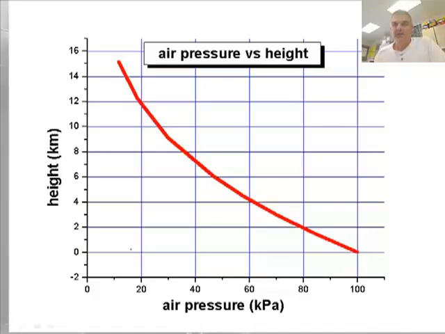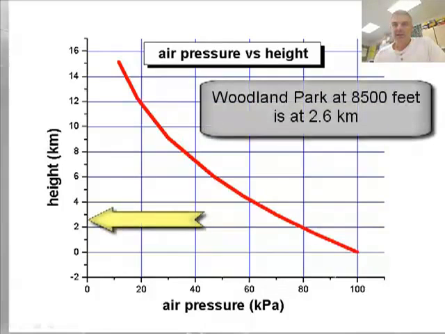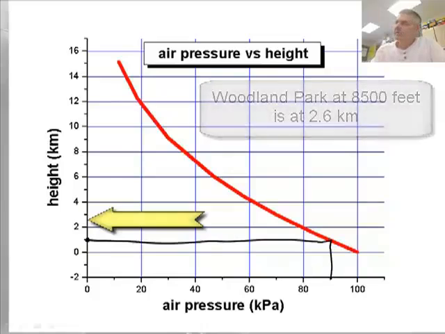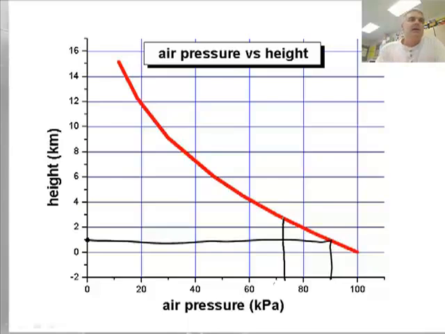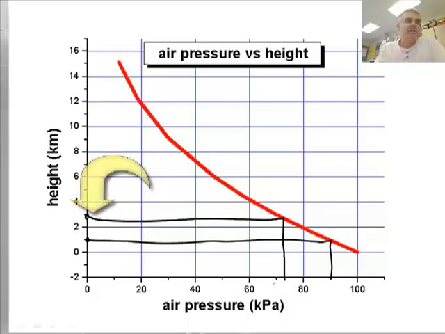Actually, we could probably figure it out. 0.75, it'd be 750. This is where we live right here. So we're about 1 kilometer up. That doesn't make sense. We're more than 1 kilometer. We're about 2 kilometers. 0.75 is here. So yeah, here we are, right here in Woodland Park.